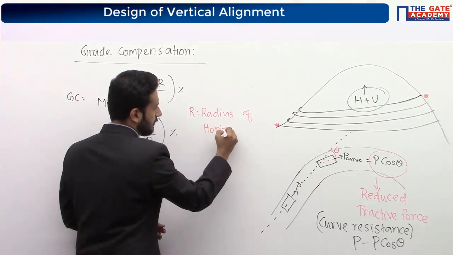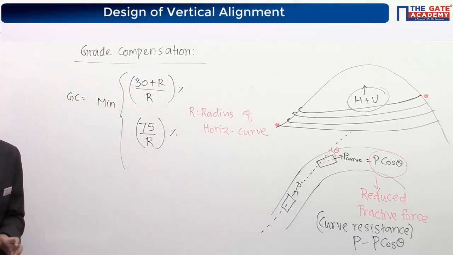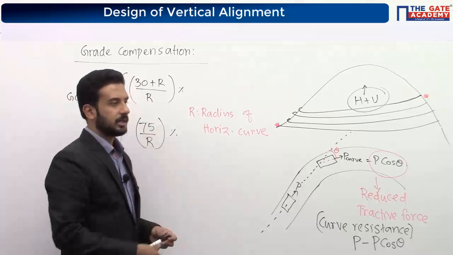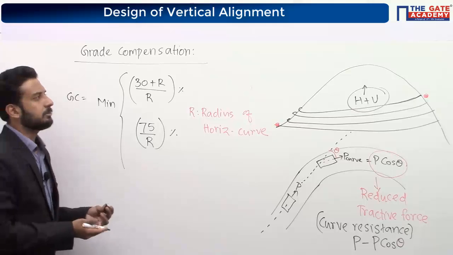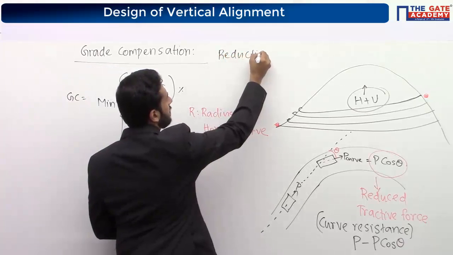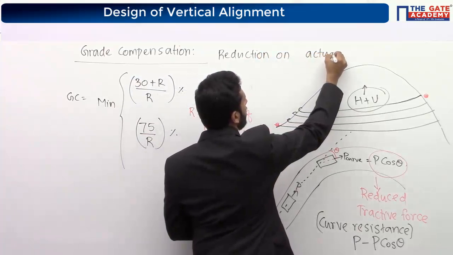There is a horizontal curve coming now. So depends on the radius of the curve, horizontal curve coming along with the vertical curve, we are going to calculate the grade compensation. What do you mean by this grade compensation? It is nothing but the reduction that we are giving. Reduction on actual gradient.